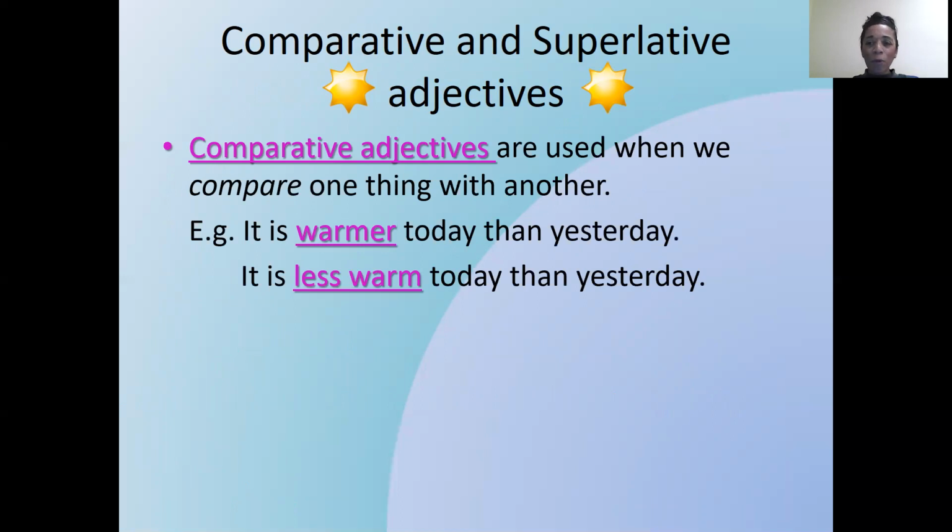So, for example, let's read the first line together after 3. 1, 2, 3. It is warmer today than yesterday. It is less warm today than yesterday. So I'm comparing one thing with another. I'm comparing today with yesterday.